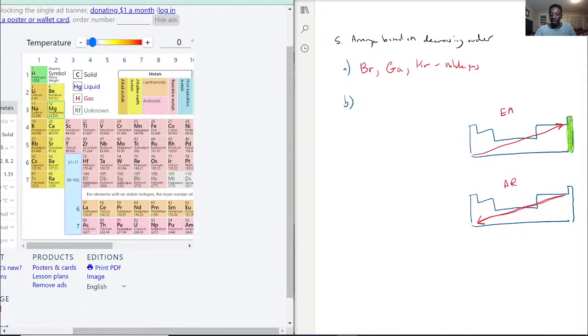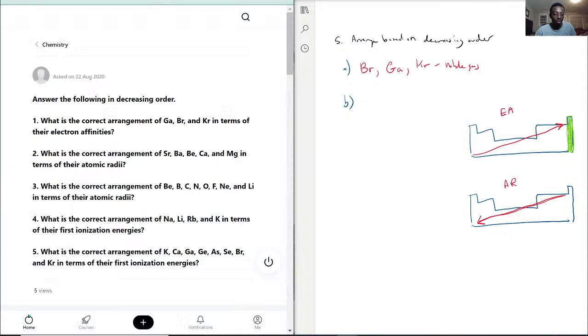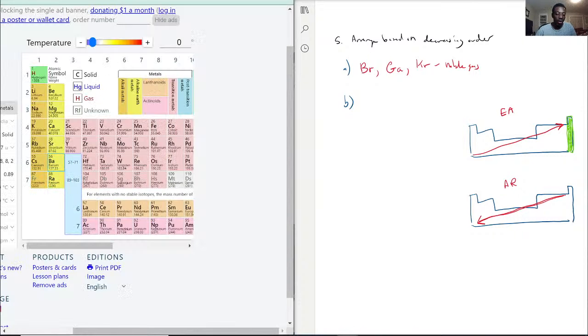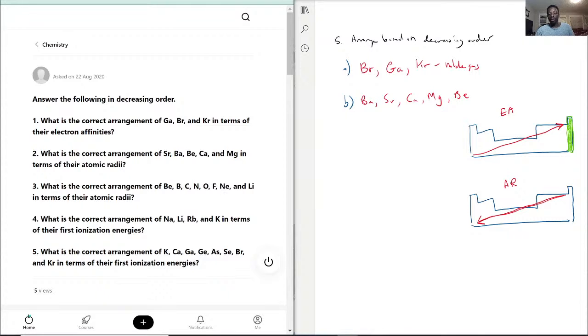Based on these, since the size increases downwards, the biggest atomic radius will be barium, followed by strontium, then calcium, then magnesium, then beryllium. The reason is that all we're doing is taking off a shell each time we go up.